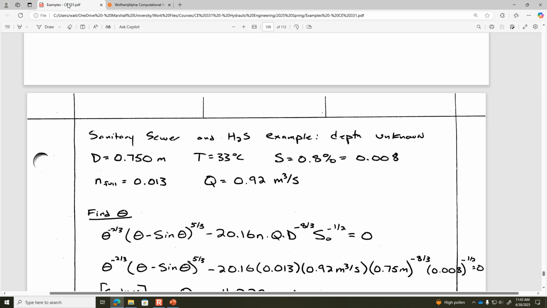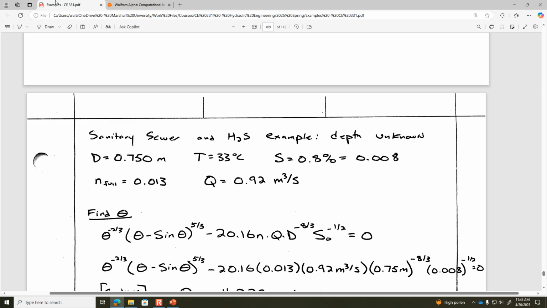So theta to the negative 2/3 power times (theta minus sine of theta) to the 5/3 power, minus 20.16 times the n value of 0.013 times the flow rate of 0.92 times the diameter 0.75 to the power of negative 8/3, and then times the slope of 0.008 to the power of negative 1/2, is equal to 0. And we want to know what is theta for that.